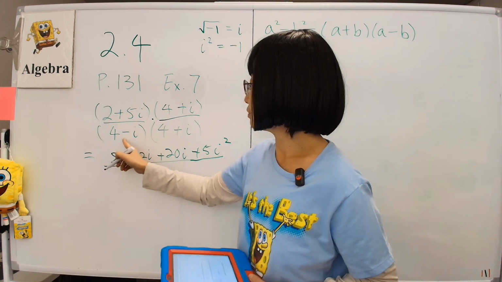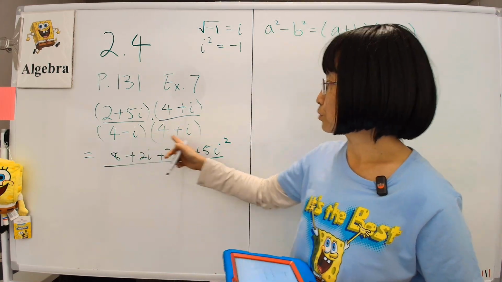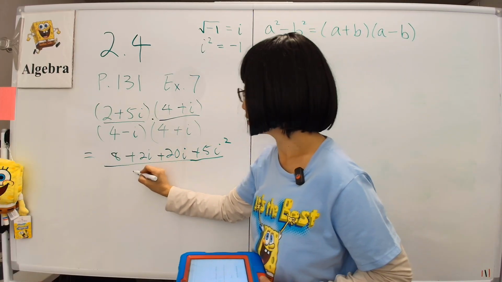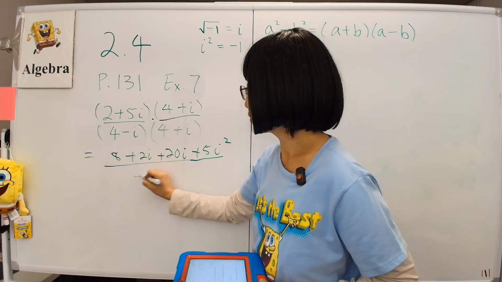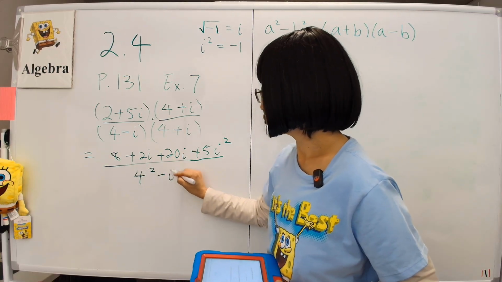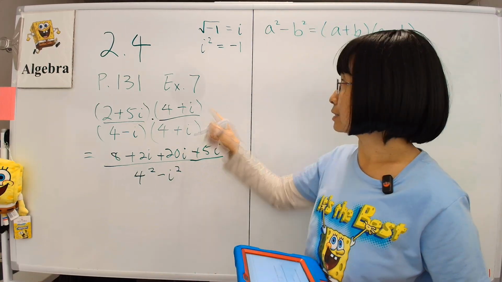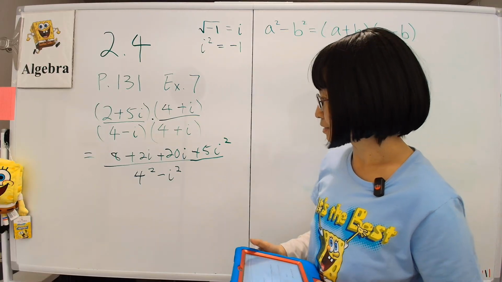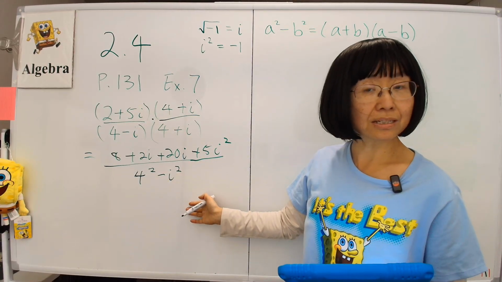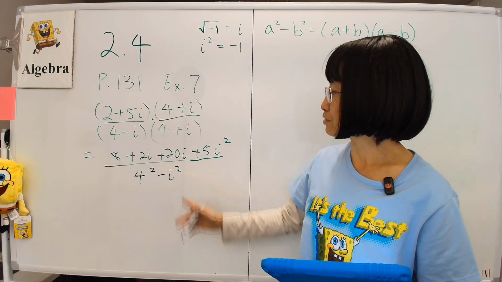Next, we'll do this. Now, this is a difference of squares. And by the difference of squares formula, we can directly write down that this is equal to 4 squared minus i squared. Again, i squared is negative 1. And the purpose of doing this is so that the denominator doesn't have an i in it, because i squared is minus 1.